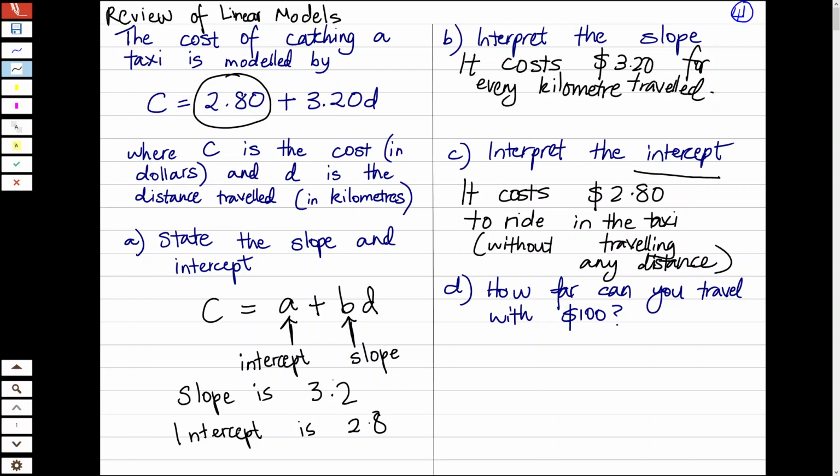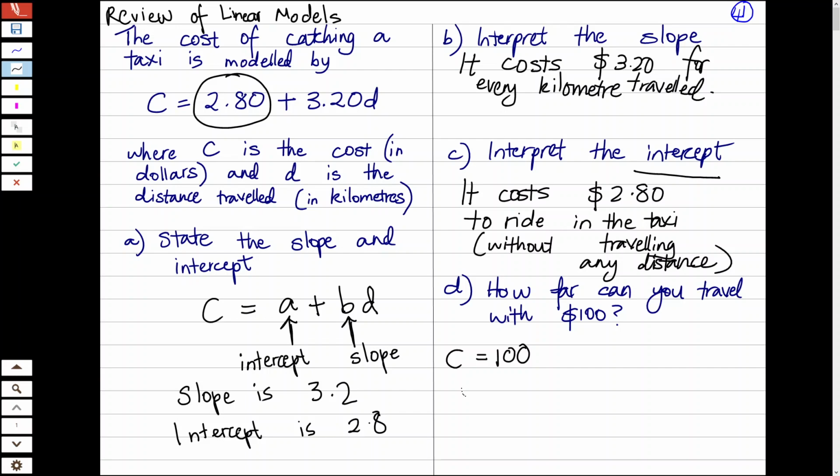Okay, is anyone solving a question like this for the first time today? Have you solved a question like this in year 10 maths? Okay. So I'll demonstrate this for you. What's happening here is I'm saying I have $100 available, so the cost of my trip is going to be 100.